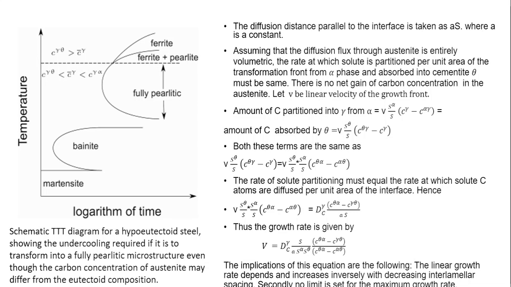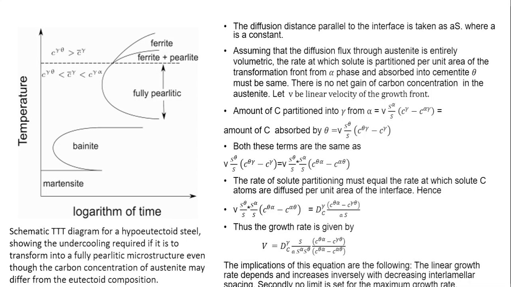Let V be the linear velocity of the growth front. Consider the amount of carbon partitioned into gamma from alpha. First there has to be motion of carbon atoms from alpha to the gamma.